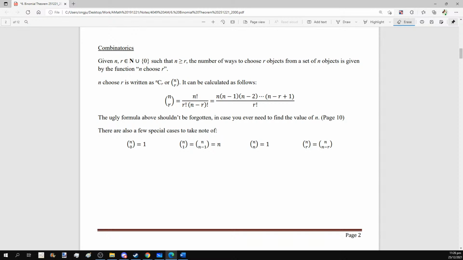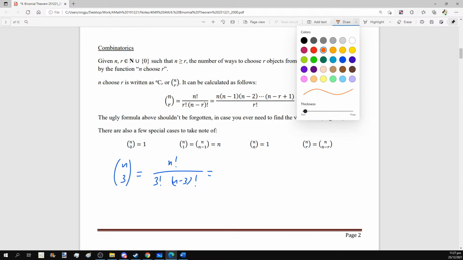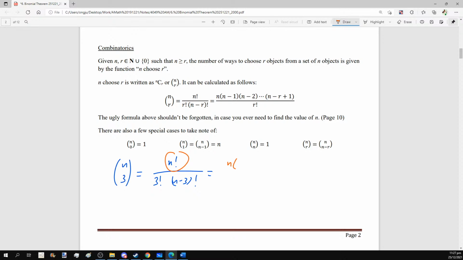Let us try, for example, if I were to tell you n choose 3. By formula, this will give us n factorial over 3 factorial times n minus 3 factorial. Now, n factorial over here will simply be n, and then afterwards we'll multiply by one step back, one step back, all the way until 1.